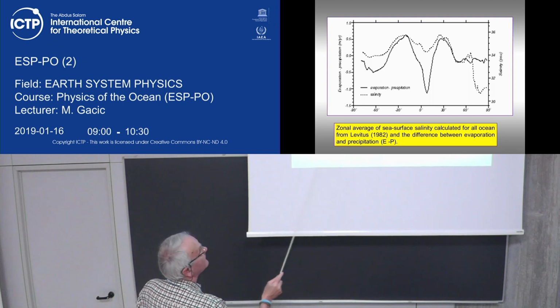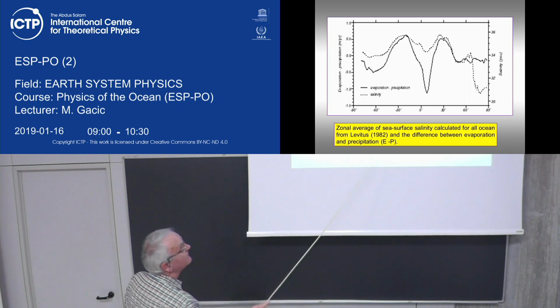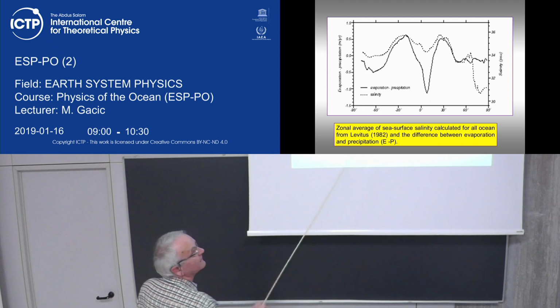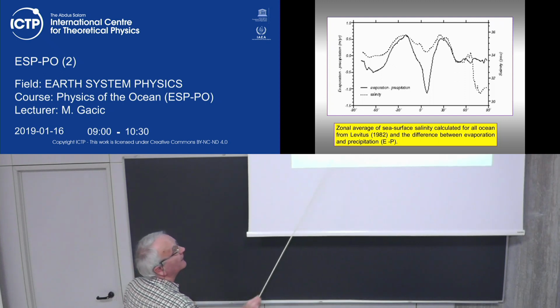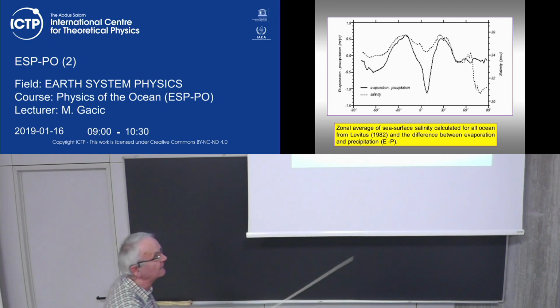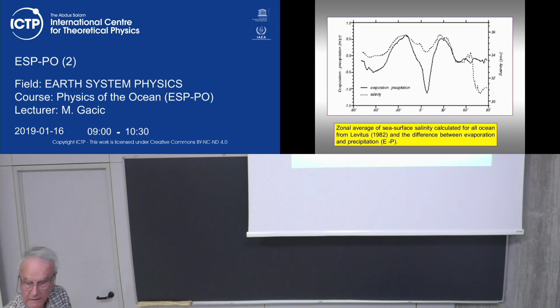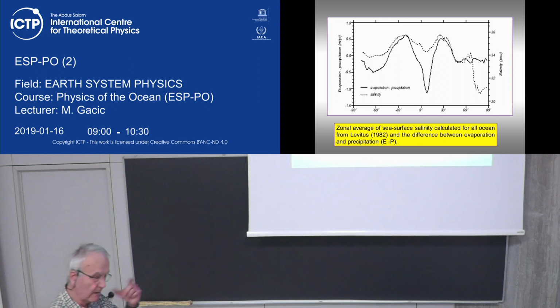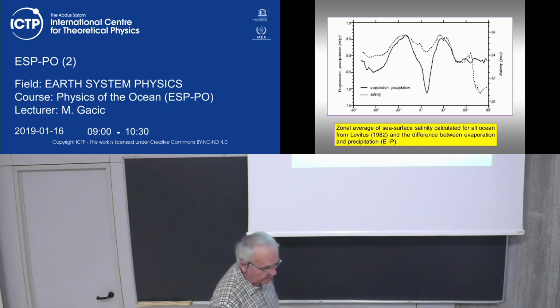Evaporation minus precipitation large negative corresponds to the salinity minimum. And so we see how these two curves follow each other very closely. Now, this is what we see if we do the zonal average.